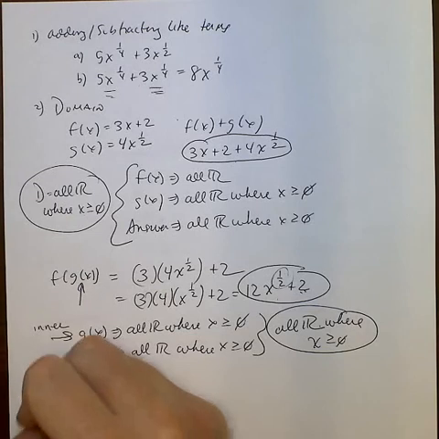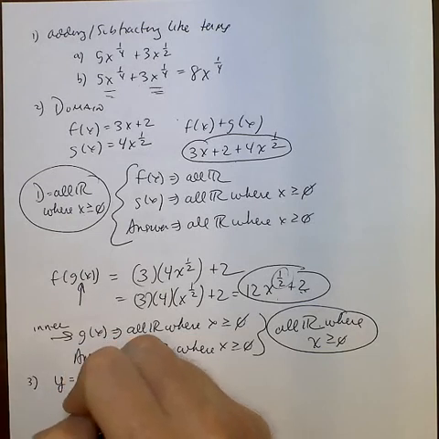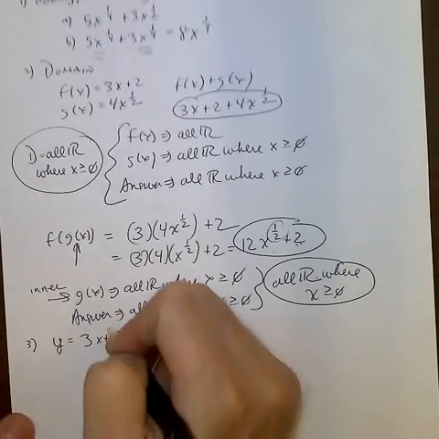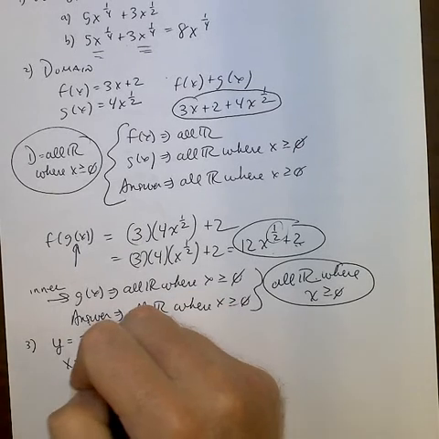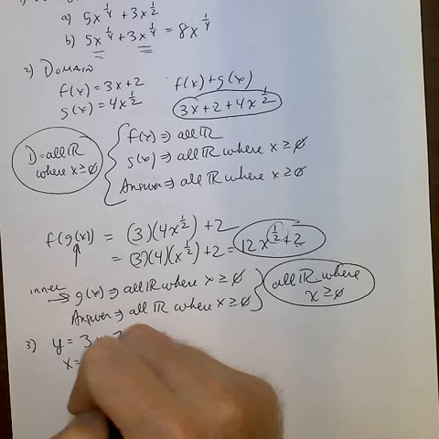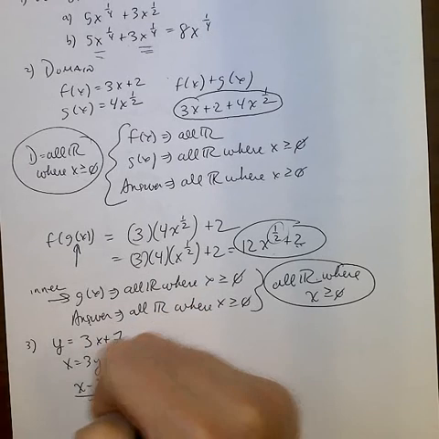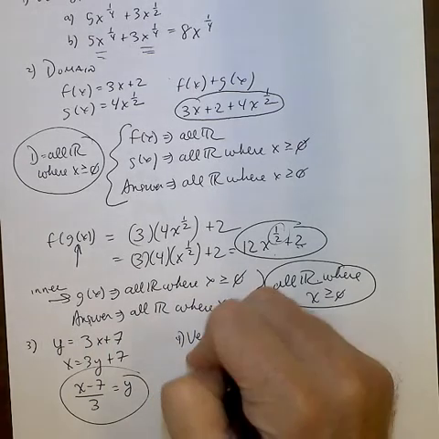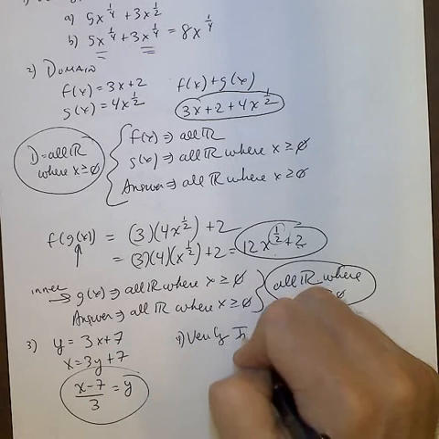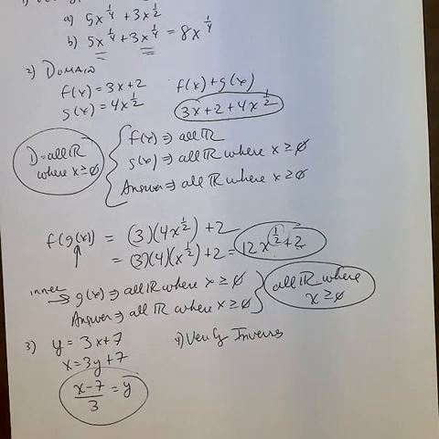Just a reminder, if I gave you y equals 3x plus 7 and I asked you to find the inverse, okay, you'll swap the x's and the y's, and you'll solve for y. Remember, if I ask you to verify inverses, you're going to use the rule.